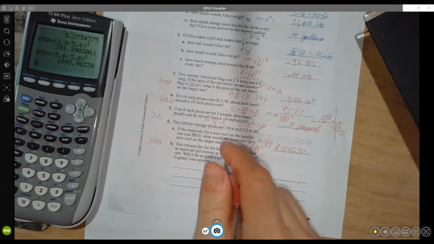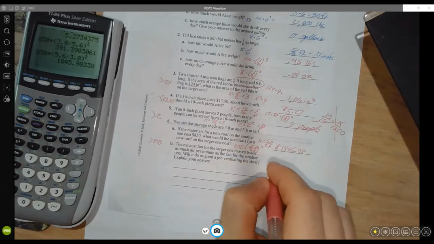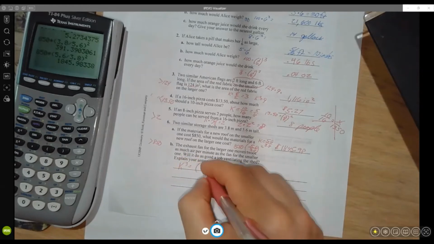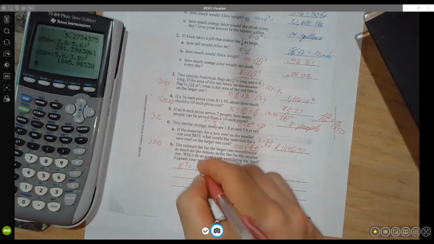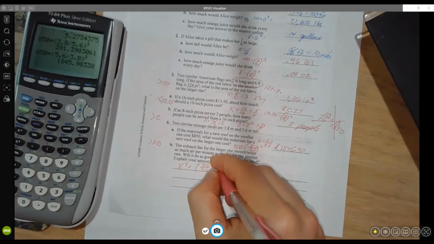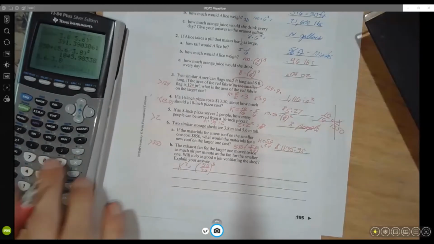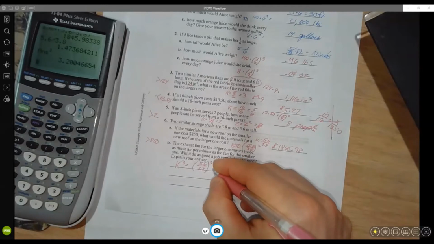How much air is contained is a volume question. So let's find the K cubed value. So K cubed is 5.6 over 3.8 cubed. All right, so that's about 3.2.